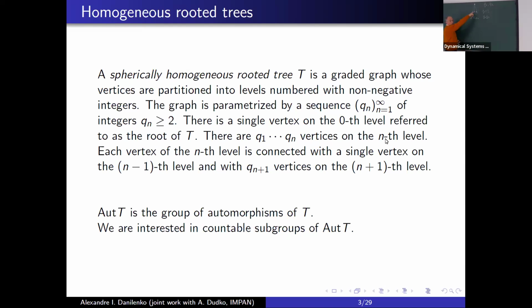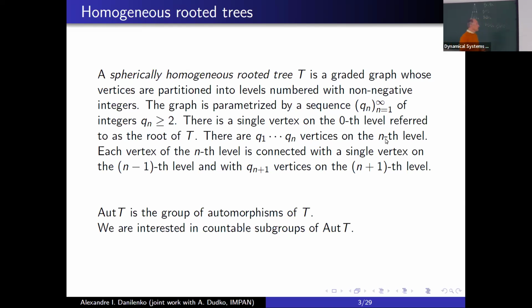Every vertex from the first level is joined with q2 vertices from the next level, and so on. So this is called an infinite rooted tree.